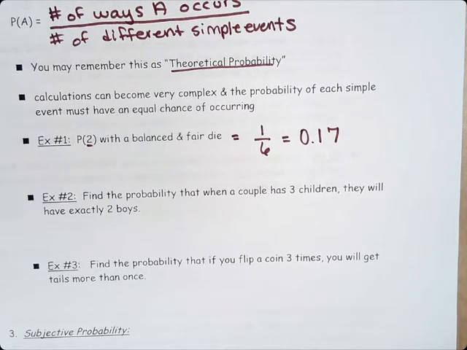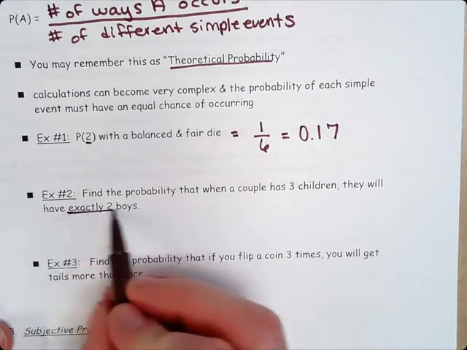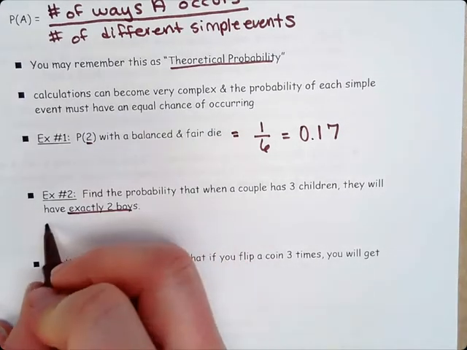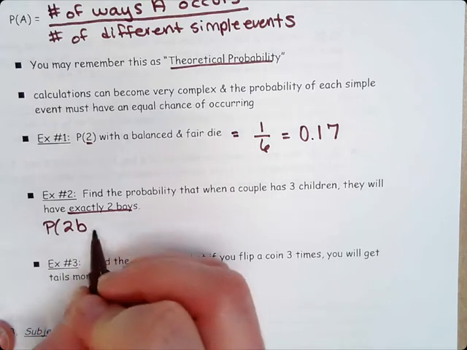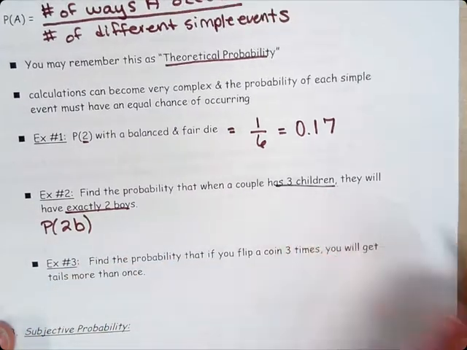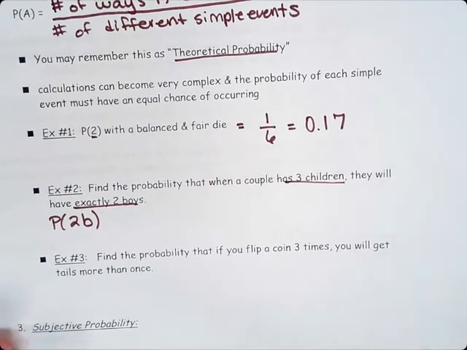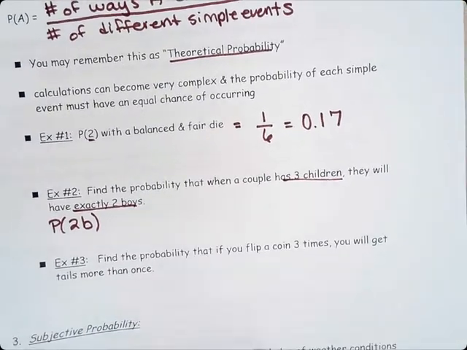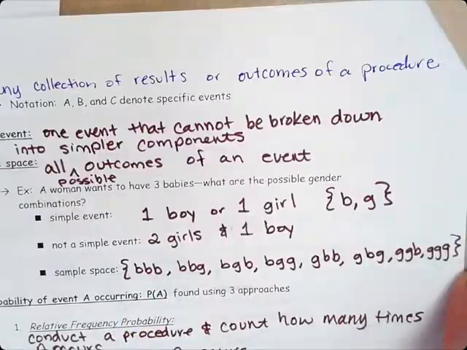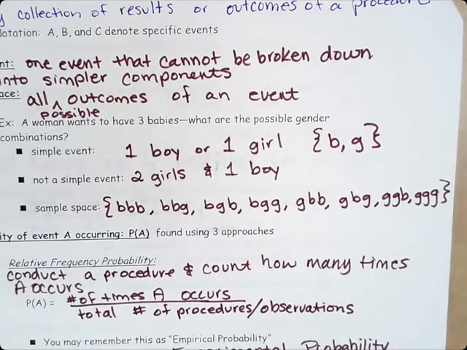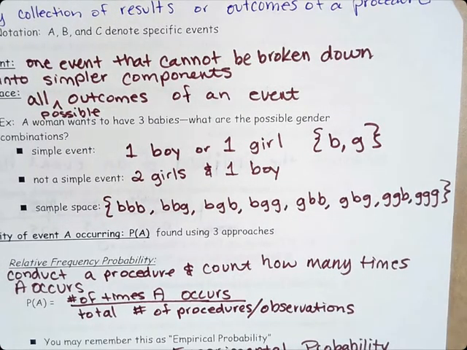Find the probability that when a couple has 3 children, they will have exactly 2 boys. So probability of 2 boys, and they have 3 children. So we need to look back at our list. They're having 3 children, right? So it's this. How many outcomes have exactly 2 boys? 3.